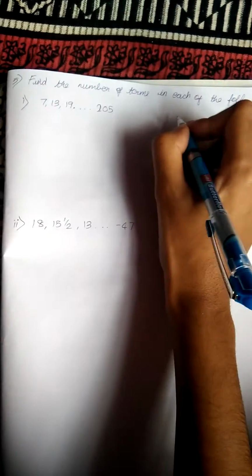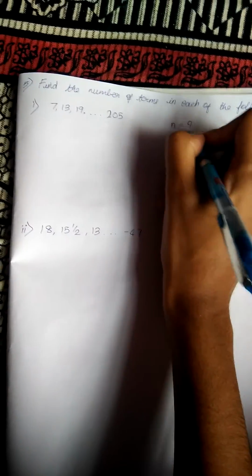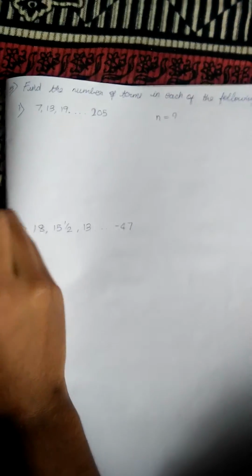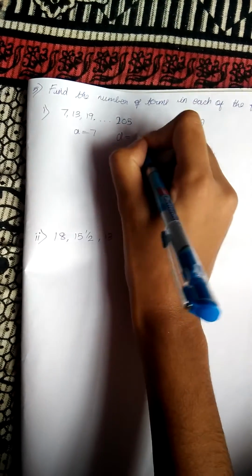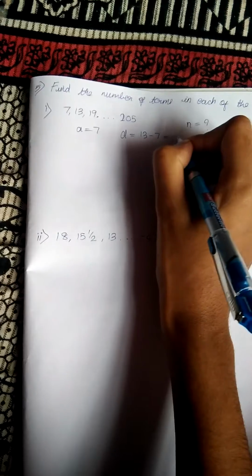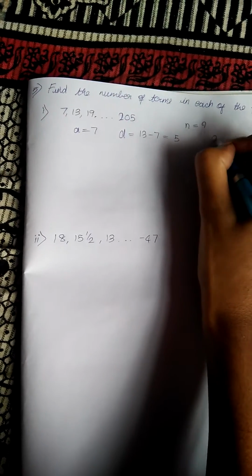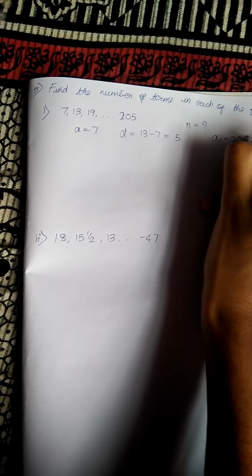Okay, in the fifth main question, let's move on to the first sub question. We have to find the value of n, that is the number of terms in the AP series. We know the first term as 7. The common difference is 13 minus 7, and the last term is 205.